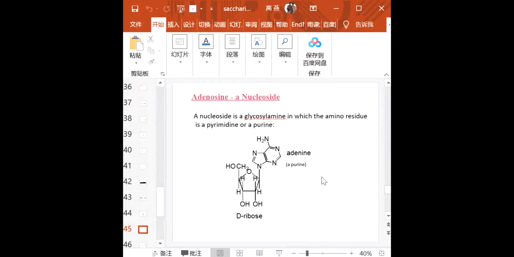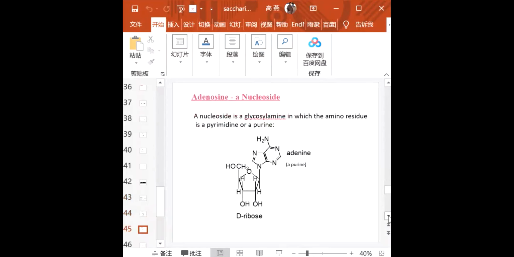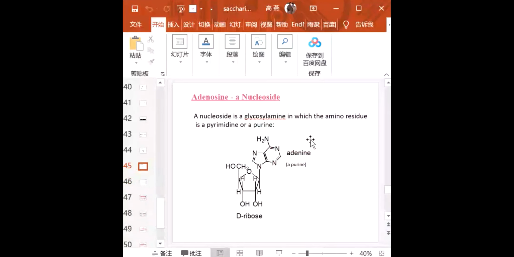We just talked about there are 4 types, right? According to the chemical group of the aglycone involved in the glycoside linkage, there are 4 types of glycosides, okay? So from its chemical structure, what type of glycoside is adenosine?